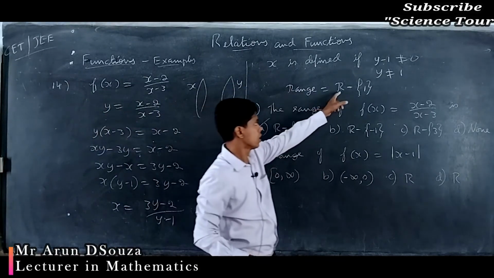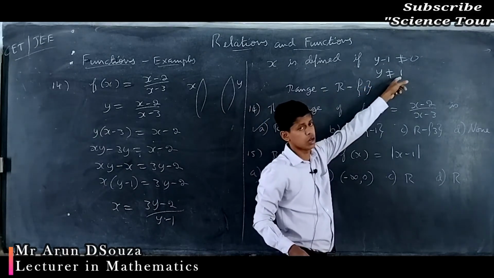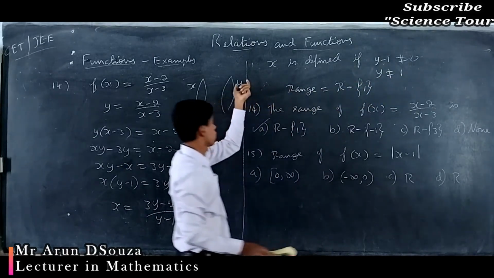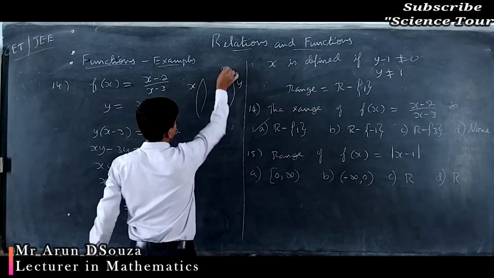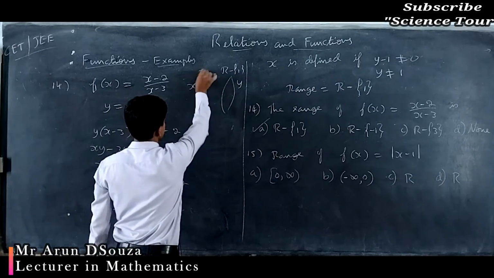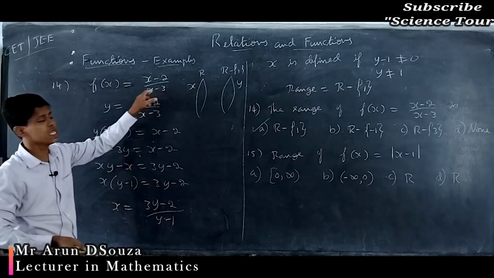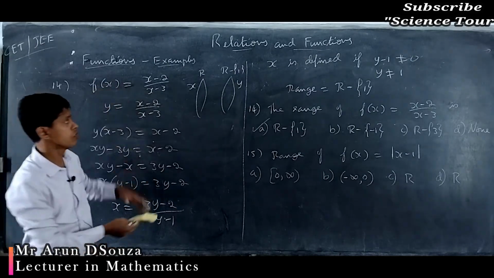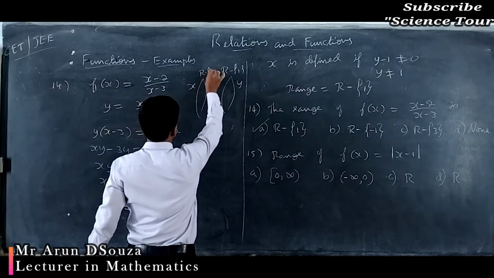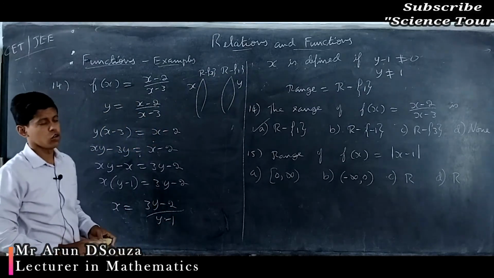So y cannot be 1, and you can have any real number here, whereas here any real number except 3, otherwise f of x is not defined. So that should not be there. Well, I hope that is understood.